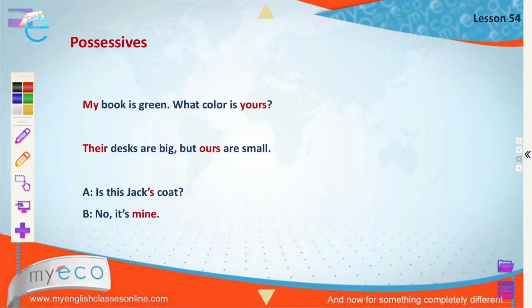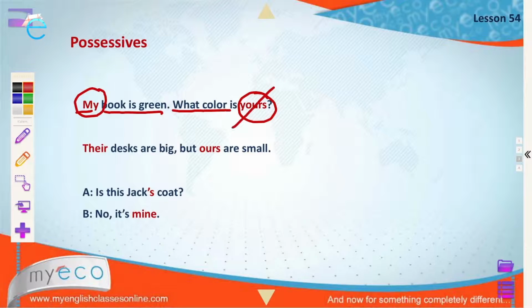Here are some more examples. My book is green. What color is yours? So, at the end of a question, to compare my thing and your thing, we can use my and then what color is yours? We can also cut this and say, what color is your book?